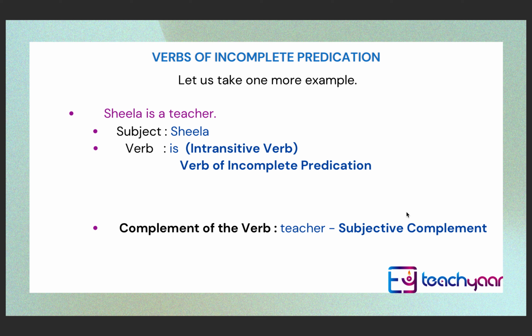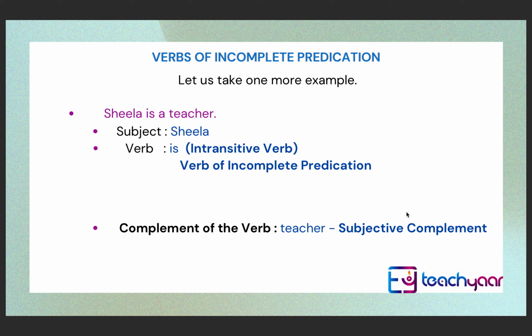So, what does it require? It requires a complement. And what is that complement in this case? Teacher. Because Sheila is a teacher. Now it is complete. So, teacher is the word which is the complement of the verb. It is called a subjective complement because it is describing or saying something about the subject.